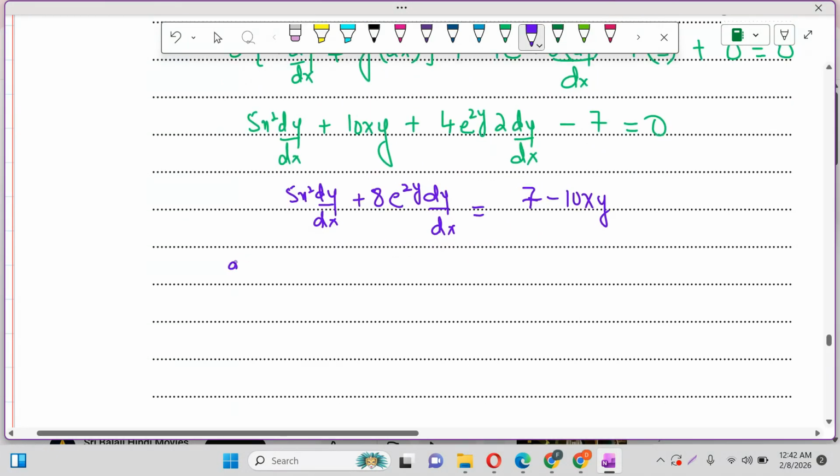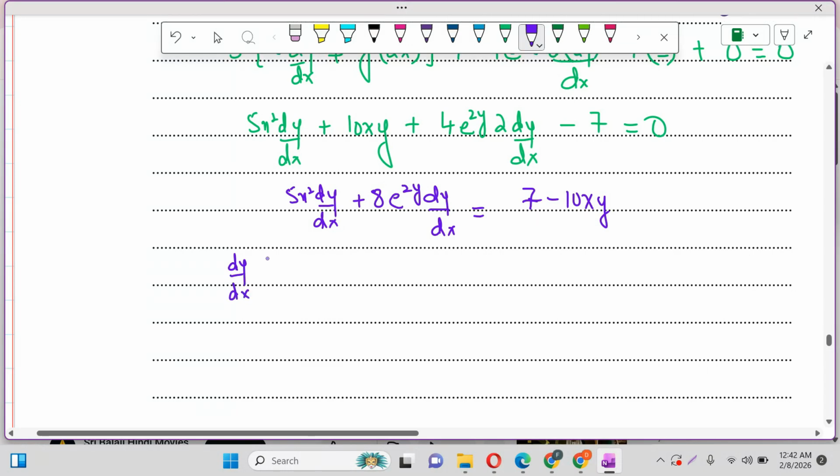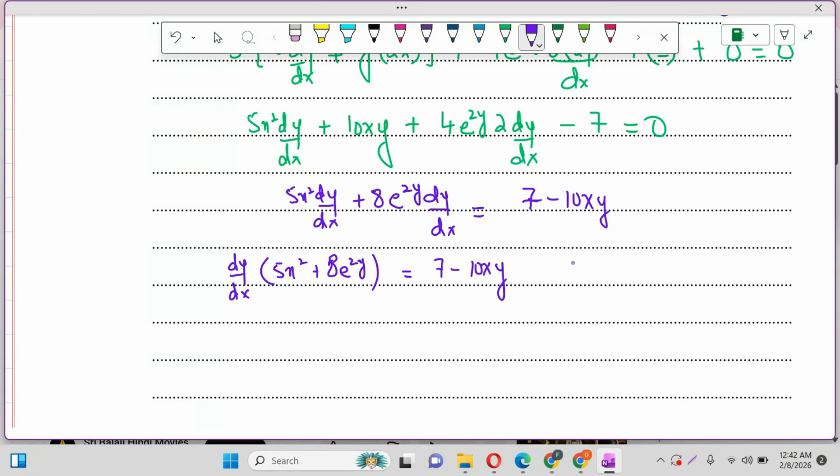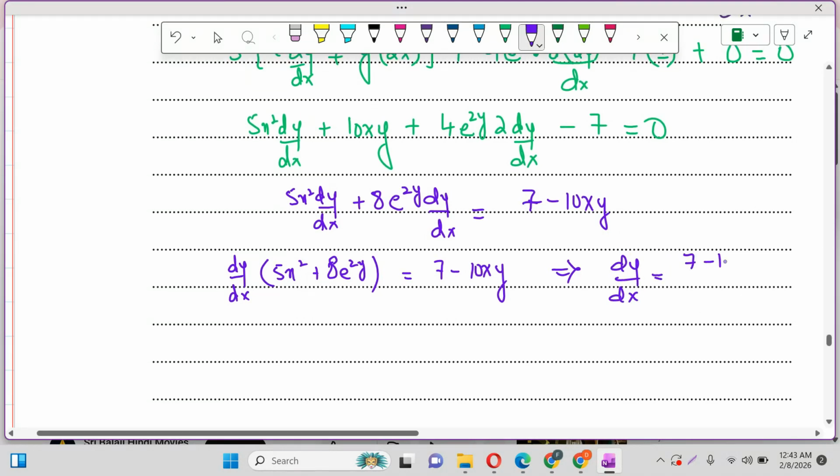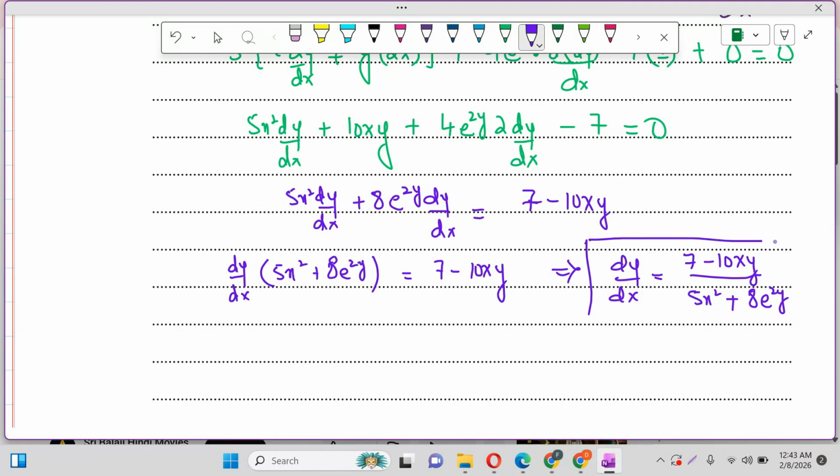Taking dy over dx common, we will have dy over dx times 5x squared plus 8 exponential of 2y equal to 7 minus 10xy. So we will have dy over dx in terms of x and y as 7 minus 10xy over 5x squared plus 8 exponential of 2y. So we have dy over dx in terms of x and y.